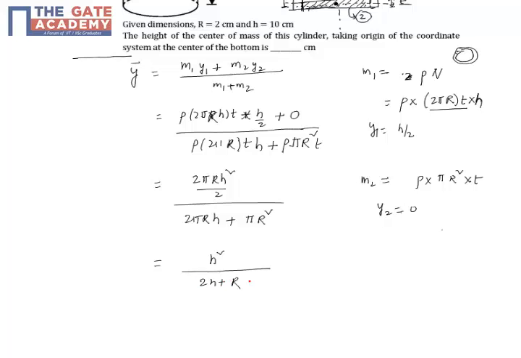Now we substitute: h is 10 centimeters, so 10 square, over 2 times 10 plus the radius, which is given as 2 centimeters. So it comes to about 100 by 22, roughly 4.54 centimeters, which is the height of the center of mass.